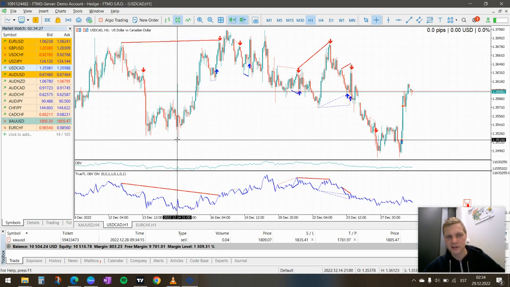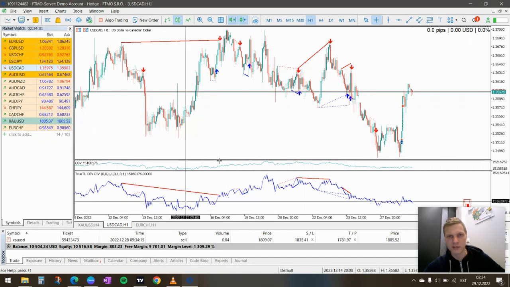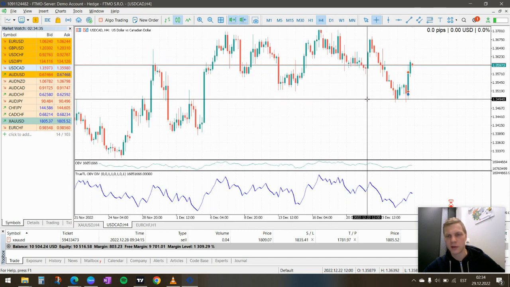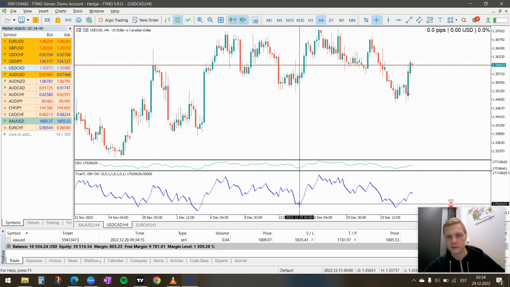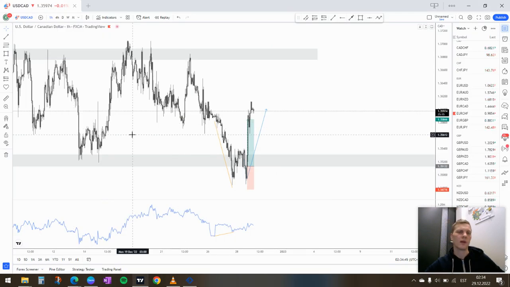Well, technically there is a divergence here, right? From here to here. Okay, I was looking at H4 anyway. Yeah, well, there's no divergence here. Okay, but that was the reasoning behind my trade.